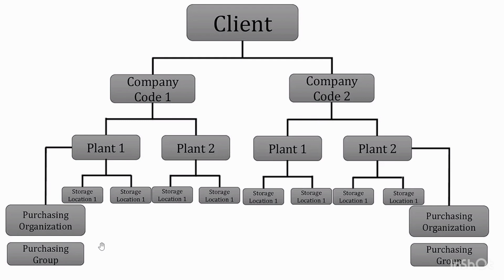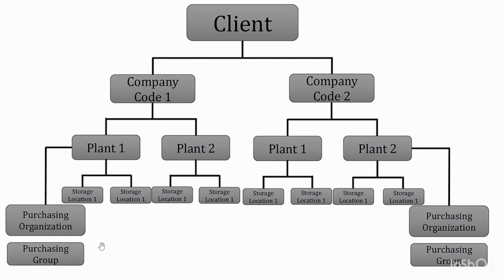Okay, so this is something we understood theoretically. Now we are going to go into the system to understand how we are going to create all of these different entities. But before we start, let me tell you that the client and company code are created by FI people.